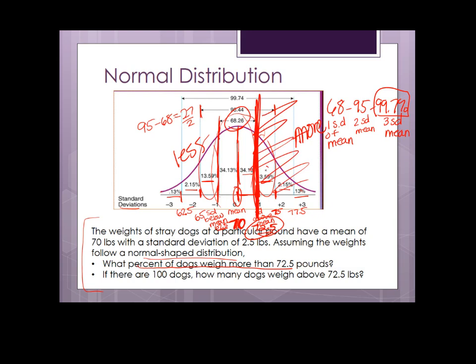So that means I'm going to take these numbers, this is 13.59%, 2.15%, and 0.13%, and I'm going to add those together, because those are the percentages that are above 72.5. If I wanted below, I would add all these numbers together.